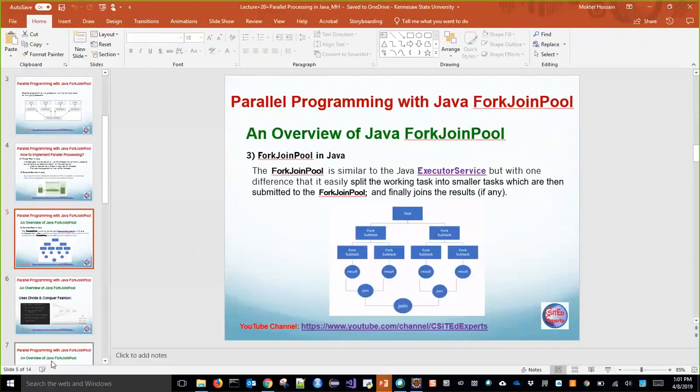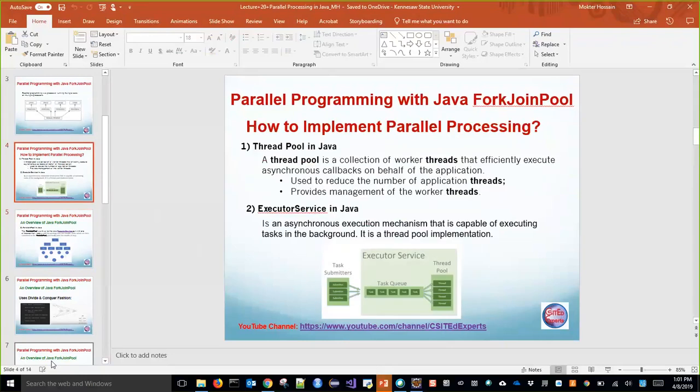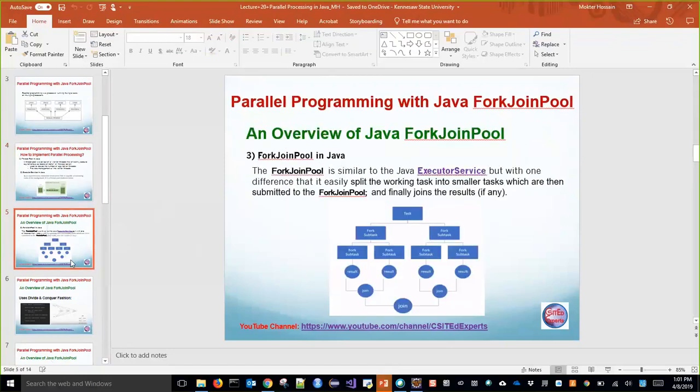This is the latest technology of parallel processing, and people believe that it is better and faster than the previous two models, thread pool and executor service. I just want to give you some idea of parallel processing using this fork join pool technology.